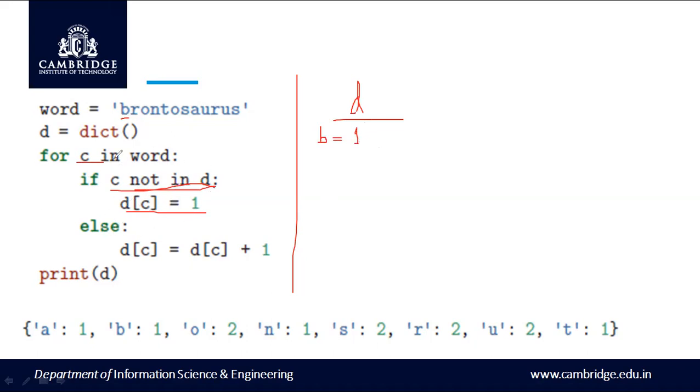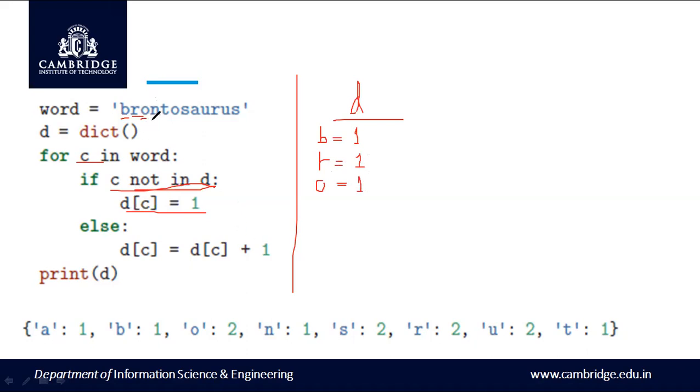Again, the next letter will be traversed, that is R. If R not in D, yes, R is also not in D. So again, I assign 1. It goes on. The next character is O. O is not in D, so again O will be assigned 1 initially.